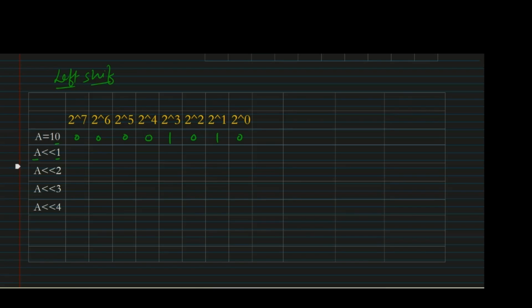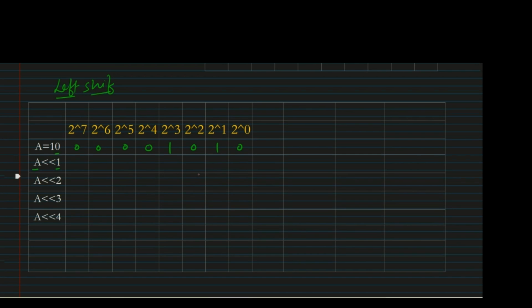By 1 means all these bits will be moved towards left. So the first bit, we are not getting anything over here, will be replaced by 0, and this 0 will be moved over here.